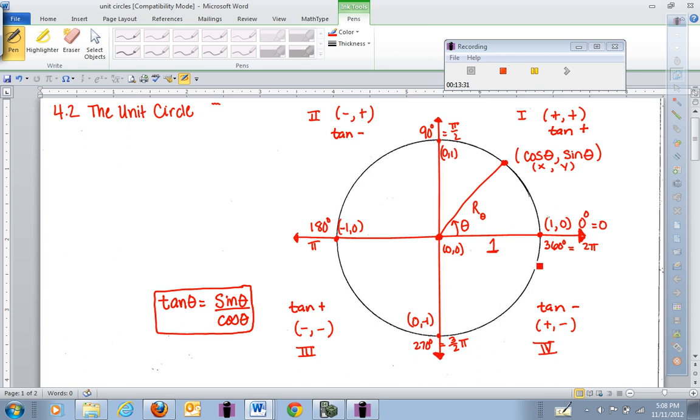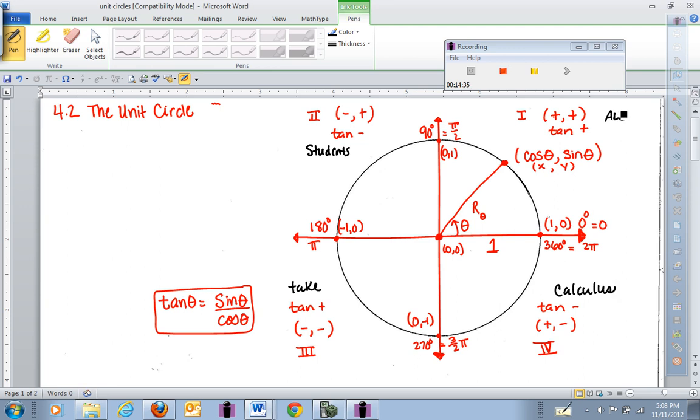And so there's a little acronym that you can learn to help tell you where things are positive and where they're negative, okay? And it goes like this. I'm going to write it on here in black, okay? It says, all students take calculus.